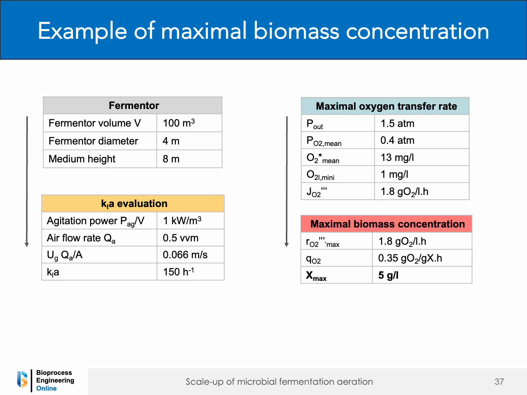For a microbial culture having a specific oxygen consumption rate, QO2, around 0.35 gram oxygen per gram biomass an hour, the maximum biomass concentration that can be sustained without oxygen limitation is estimated near 5 grams per liter.